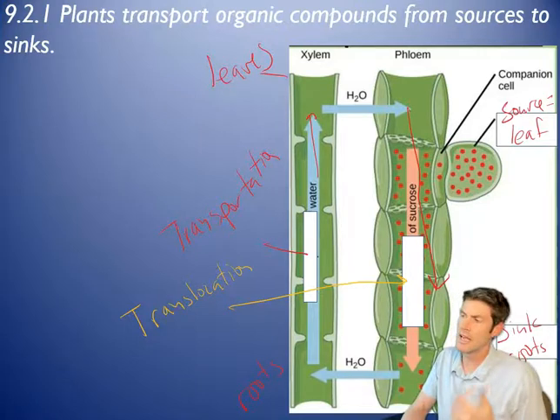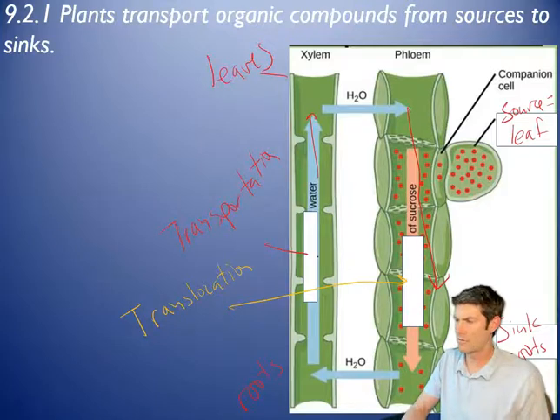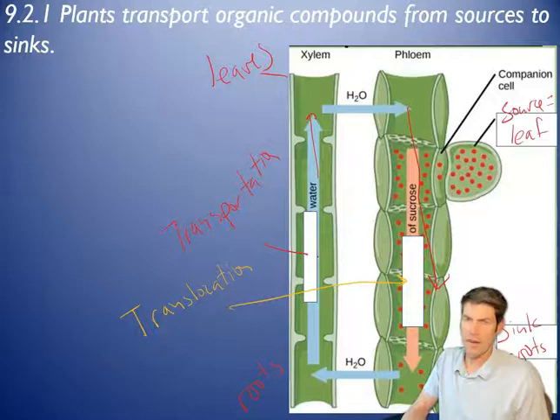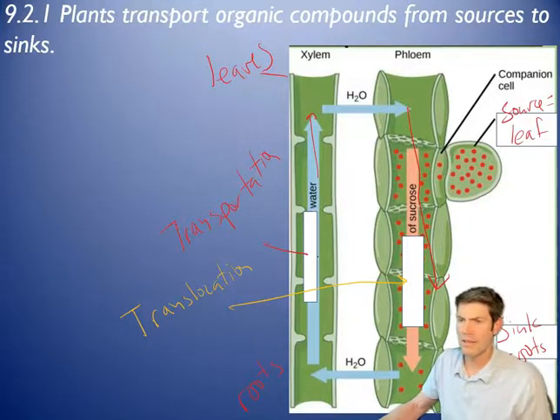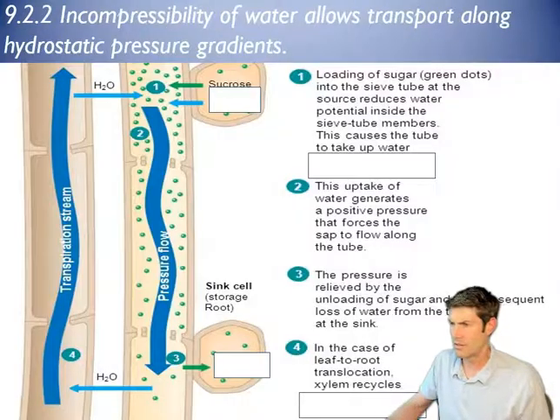And this is using energy, pumping the sugar into these phloem cells and moving it. And you can kind of see higher concentration up here and then lower concentration down there in the sinks.